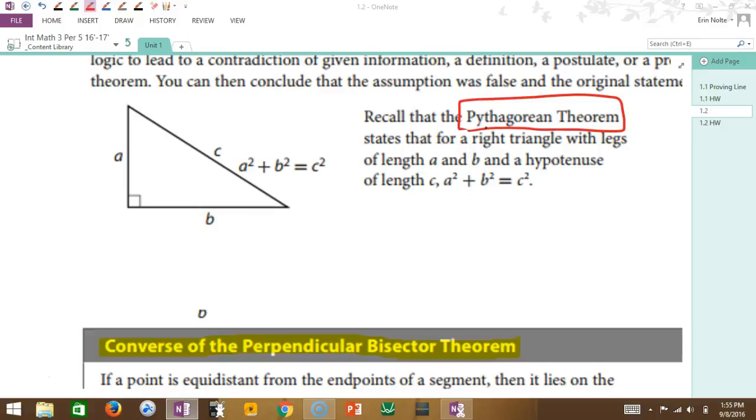It is directly related to a right triangle, so you must have a right angle somewhere. It says that a squared plus b squared is equal to c squared. Can somebody tell me very specific pieces about the a and the b and the c? The c is always the hypotenuse. The a and the b are the legs, and they're interchangeable. Perfect.